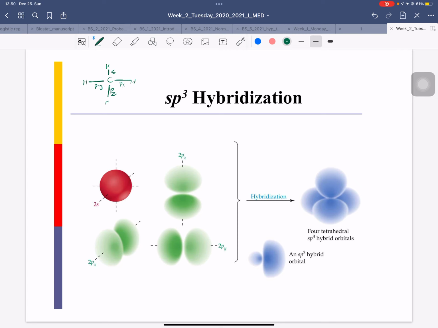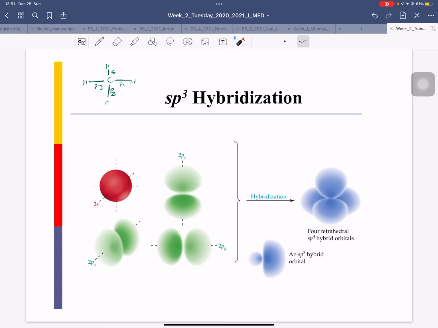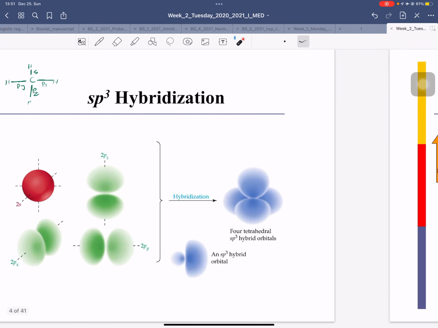For this reason, we have to hybridize these 4 orbitals, 1s with 3p, and we can produce 4 sp3 orbitals, whose position in space will be a tetrahedral shape, and the angle is 109.5.